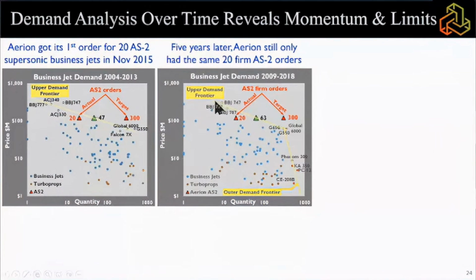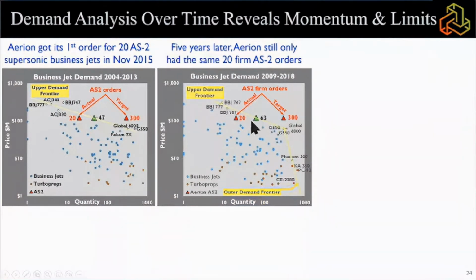Now, the upper demand frontier had shifted a bit in their favor. It went from supporting 47 at the midpoint here to 63, but they still were far short of their goal of 300. And what also happened in the market here, very importantly, is there was an outer demand frontier that formed.